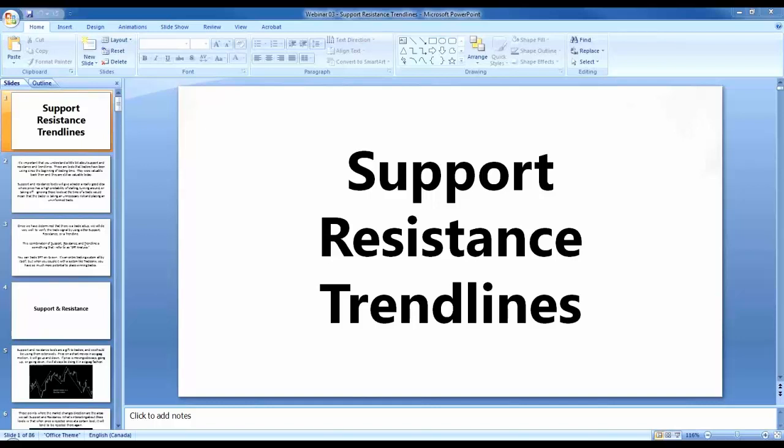I want to make sure that all the information really gets across, that you understand support, resistance, and trend lines, because this is going to play a factor in some of your trading decisions. So with that being said, I want to make sure that this is going to cover all the bases. So let's get the slideshow started.